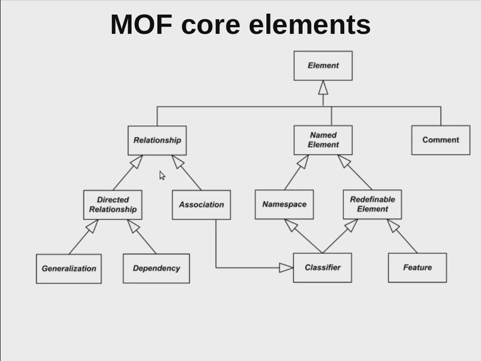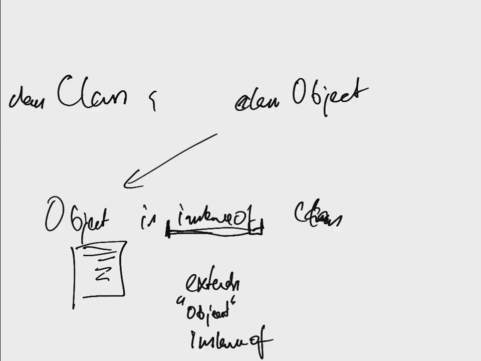And usually relationships are shown as lines and elements are shown as boxes.